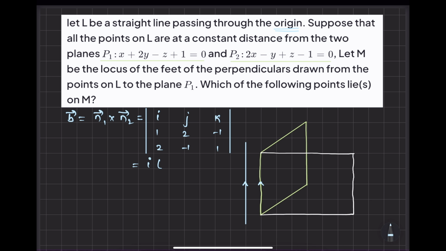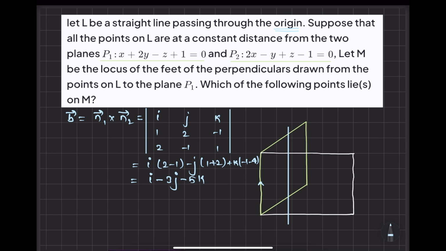So i is 2 minus 1, j is 1 plus 2, k is minus 1 minus 4. So it is i minus 3j minus 5k. So you got a vector along the line.